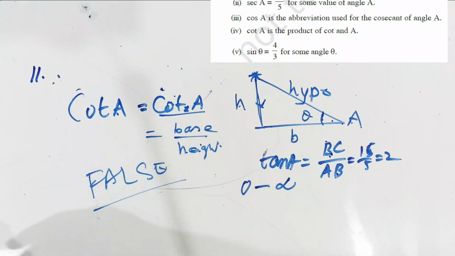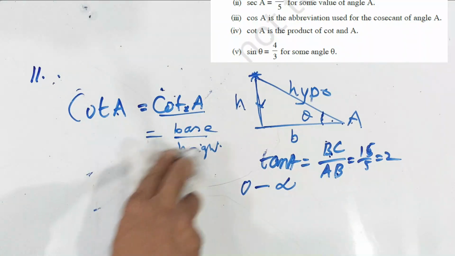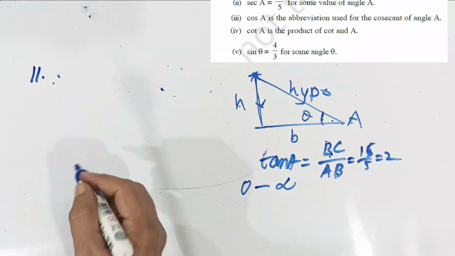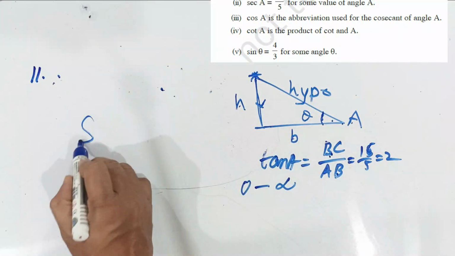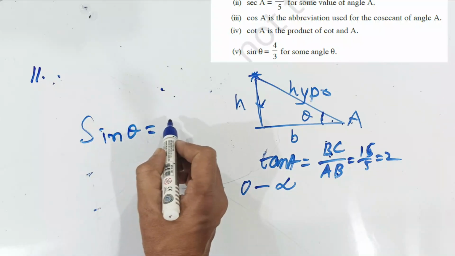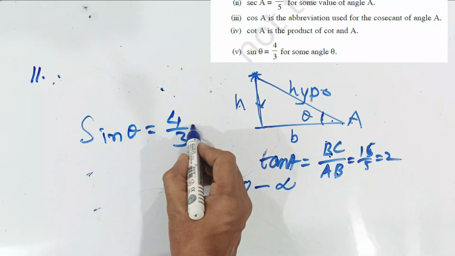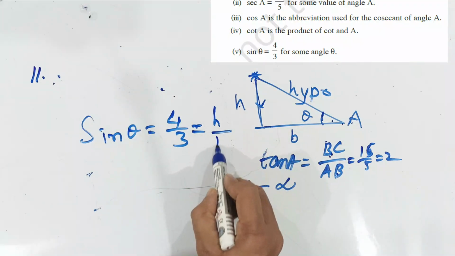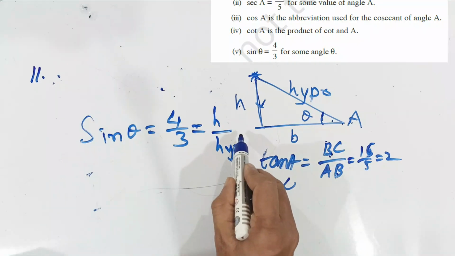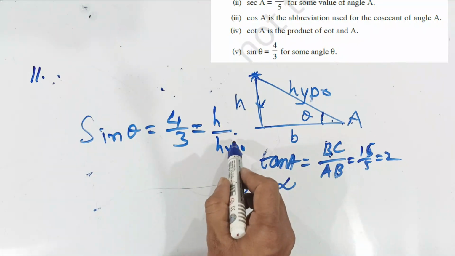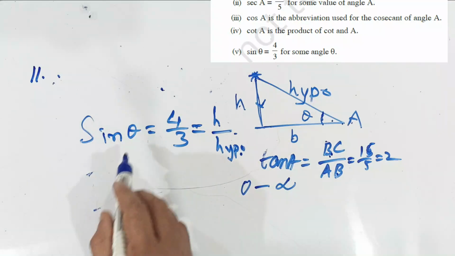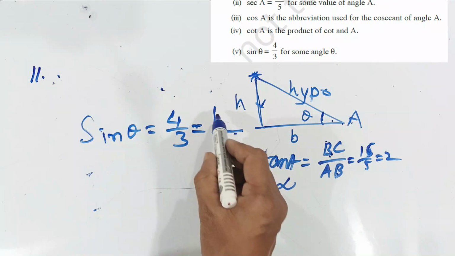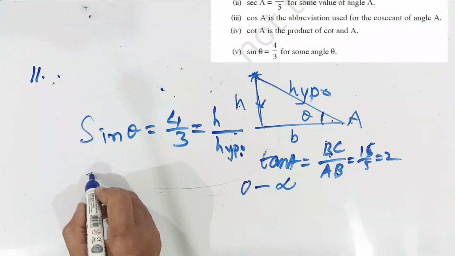Next: sin theta is 4 by 3. Here you have to see the anatomy of the triangle. If this is theta, what is sin theta? Sin is height by hypotenuse. The hypotenuse is the biggest, so the denominator will always be bigger. For sin and cos, the hypotenuse is in the denominator, so it is always bigger than the numerator.